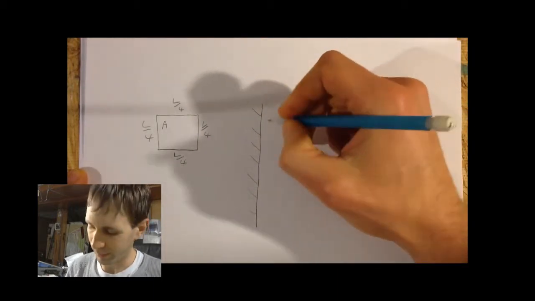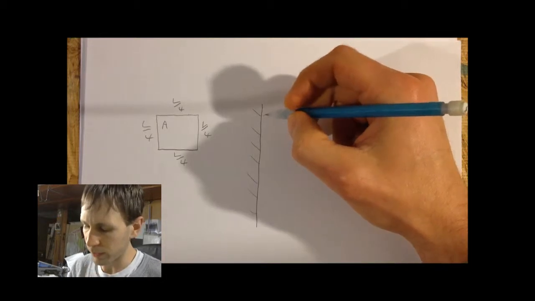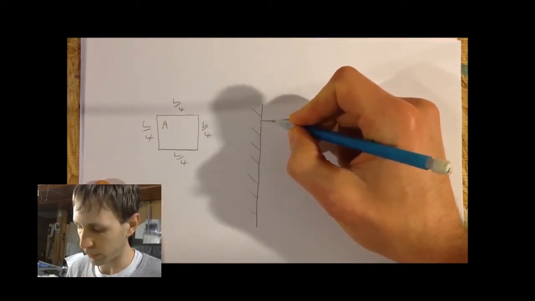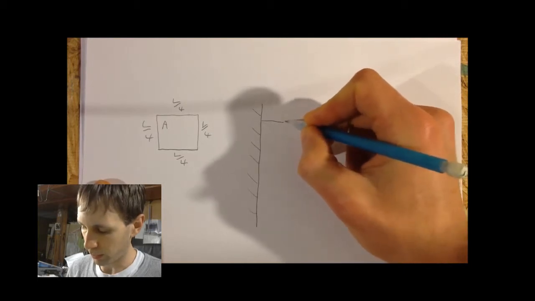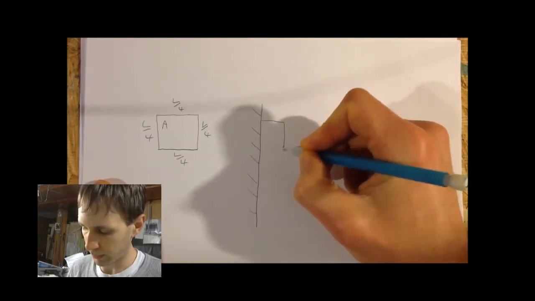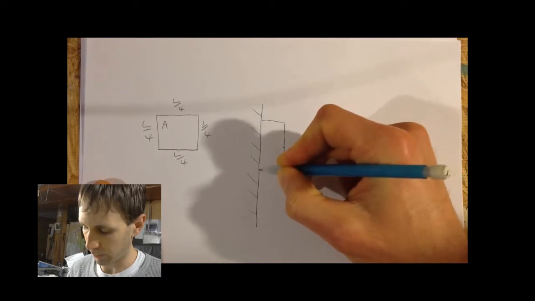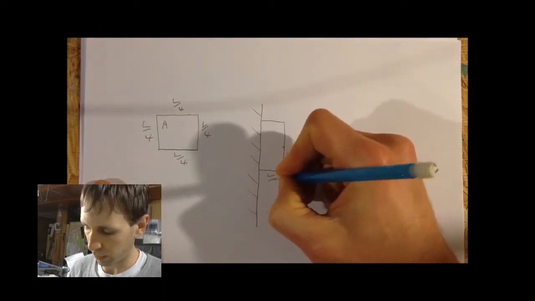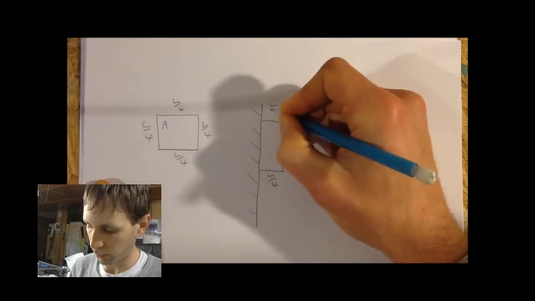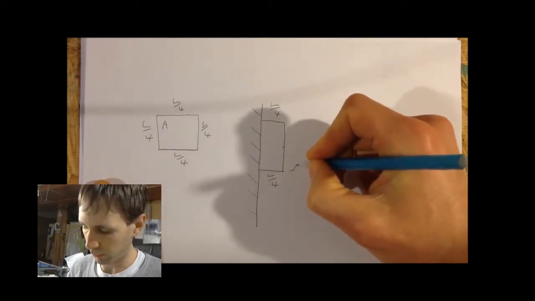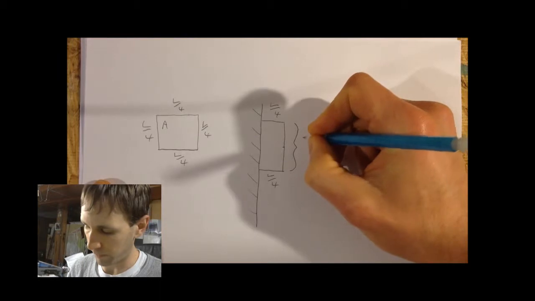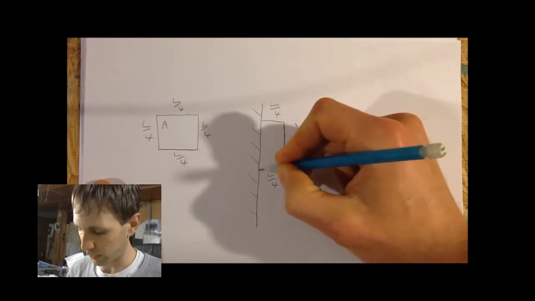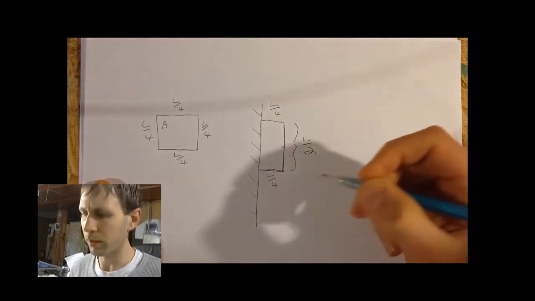The configuration that gave you the most area was no longer a square, but a setup where it was twice as long against the given side as it was away from it, so that this would be L over 4 and this would be L over 2.